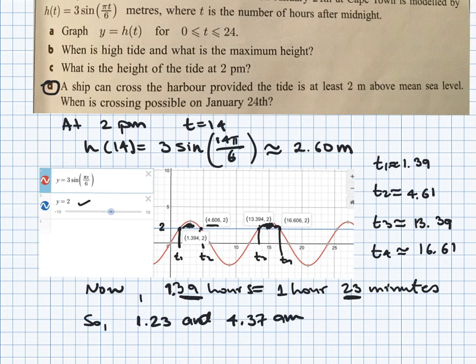And then it can cross again in this area here, between 1:23 p.m. and 4:37 p.m. So the ship can cross twice a day: in the morning between 1:23 and 4:37, and then in the afternoon again between 1:23 and 4:37.